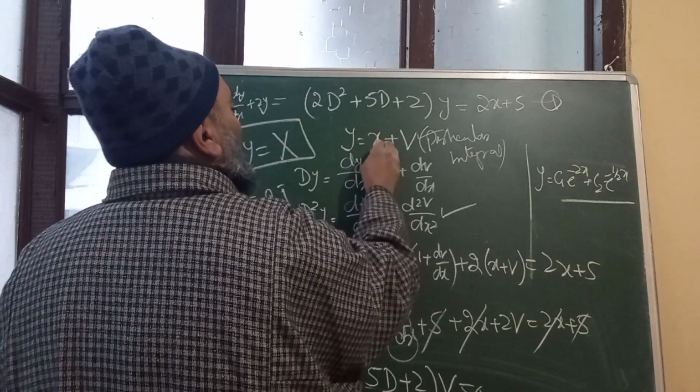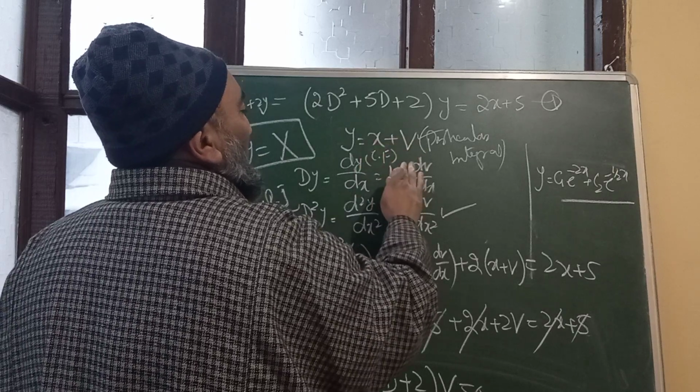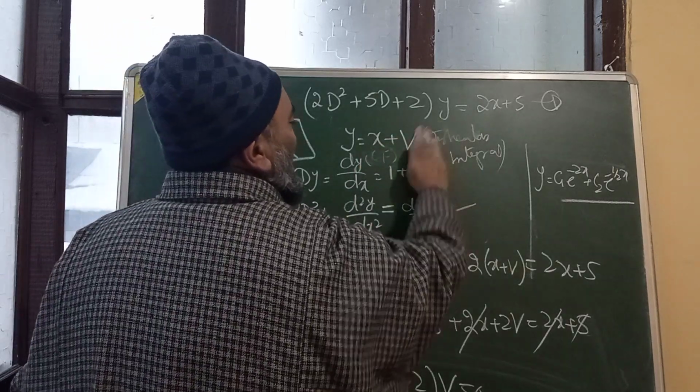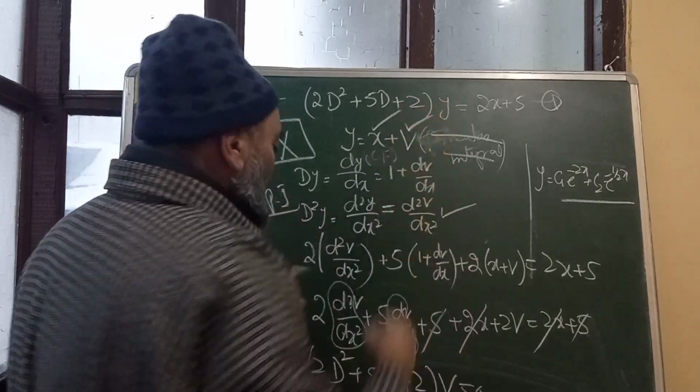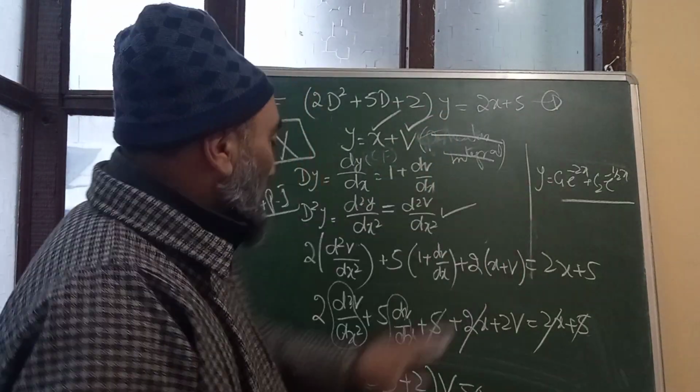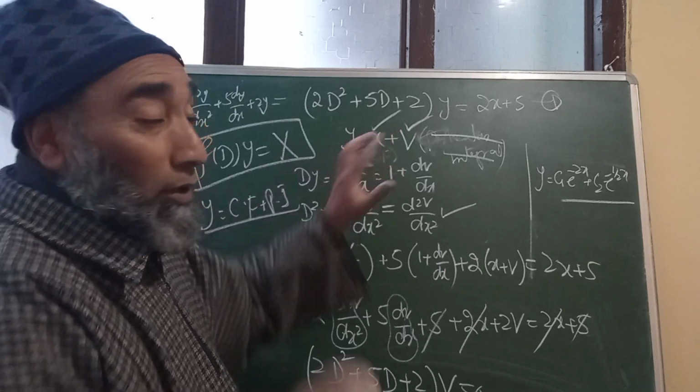Sorry, this one is not the particular integral. This is the particular integral. This is the complementary function, as I have said. This is the particular integral. This is the particular solution.